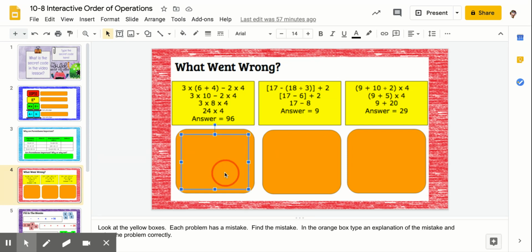So for what went wrong, I would type that they did subtraction before multiplication. And that's it, right? That is what went wrong in that problem. They didn't follow the order of operations. They did our subtraction before multiplication.